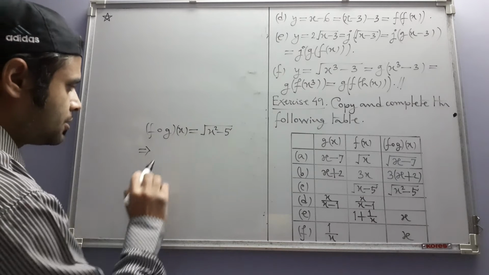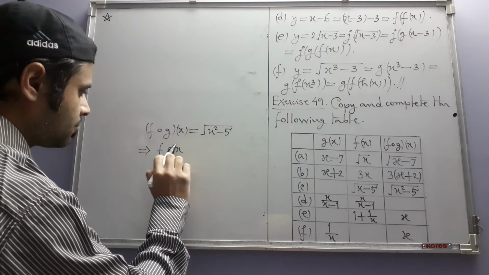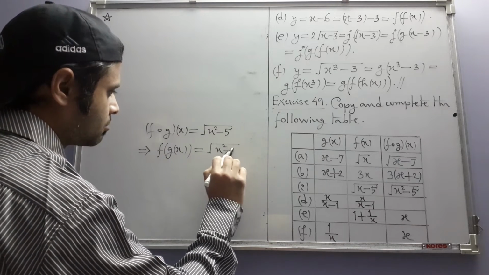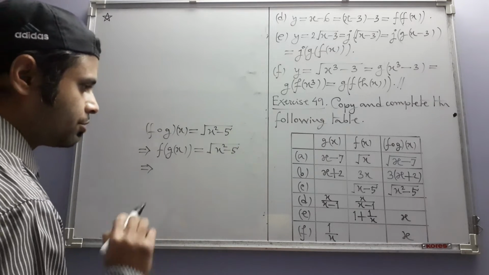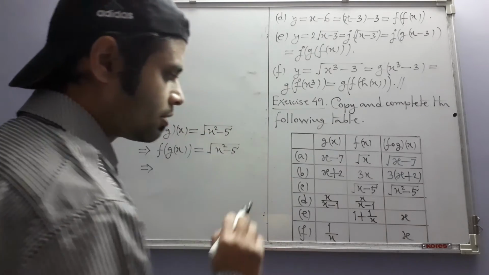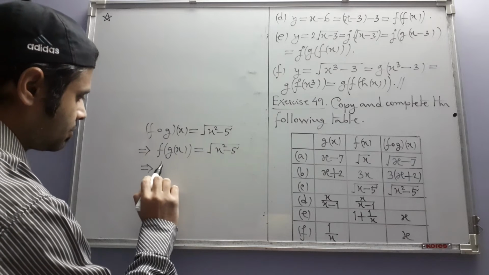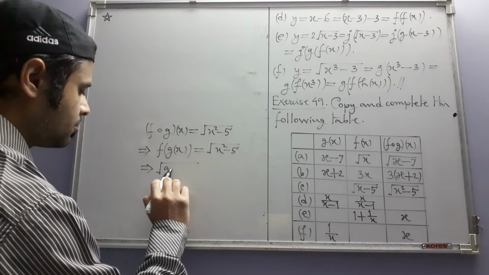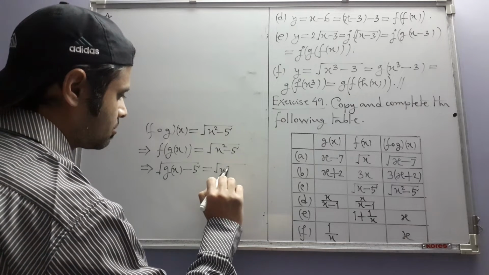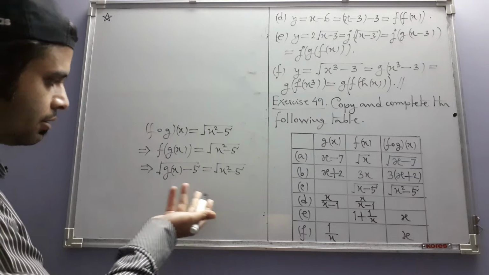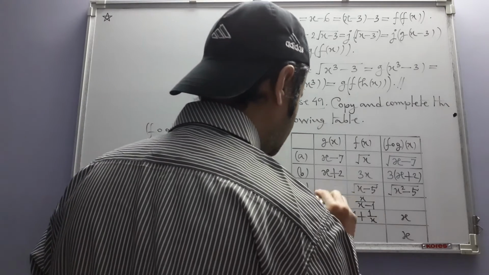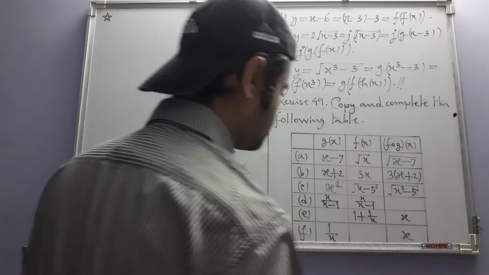Now what is f composition g? f of g of x. Now you don't know g, but you know f. So f of x is square root of x minus 5. So f of g of x will be square root of g(x) minus 5. So from this you can now easily guess that g is the square function. So this is x squared.